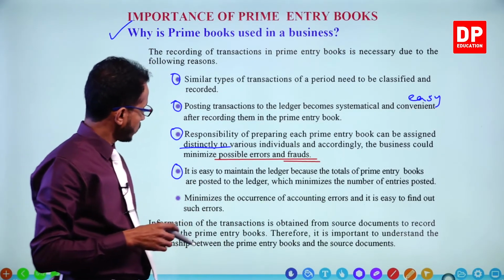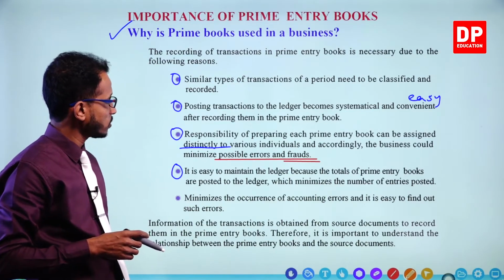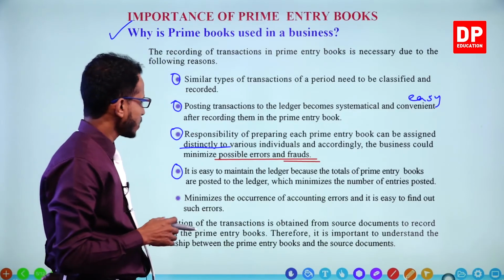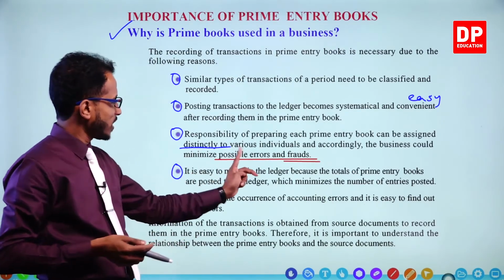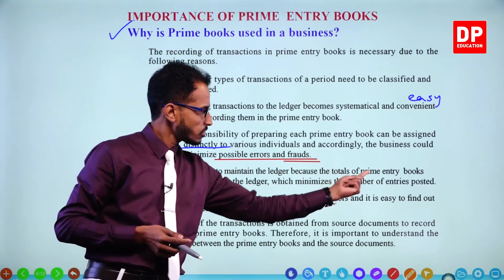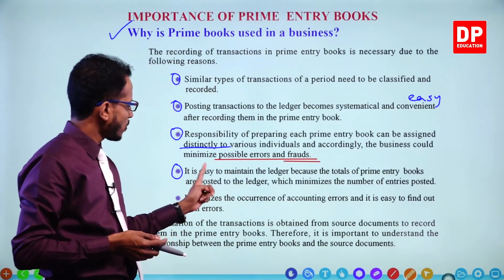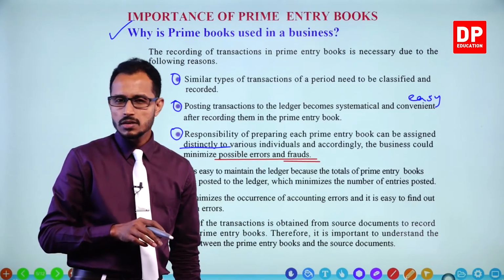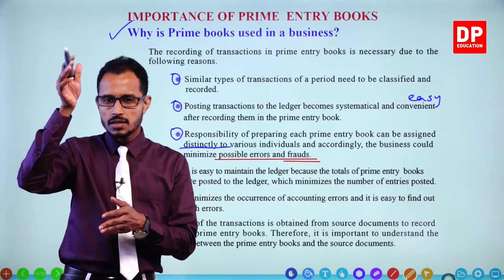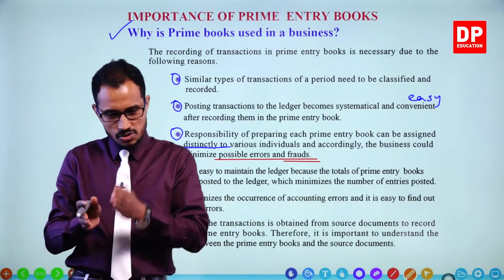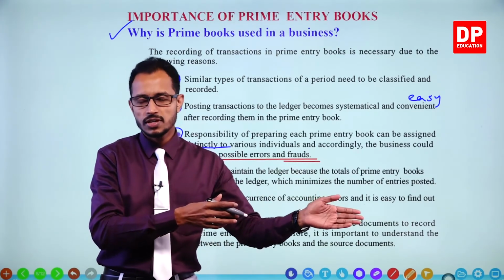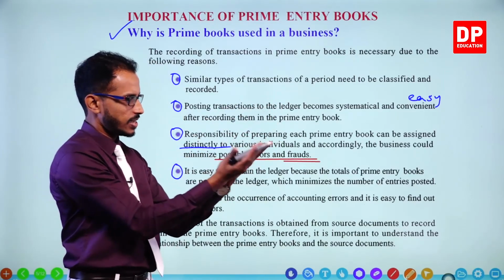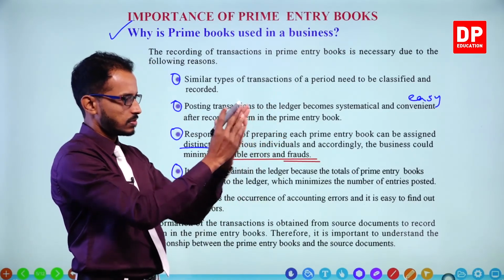Next, we have, it is easy to maintain ledger because totals of prime entry books are posted to the ledger. It's something like this, children. When a month ends, let's say 31st of August, all the prime entry books are taken and they are totaled.